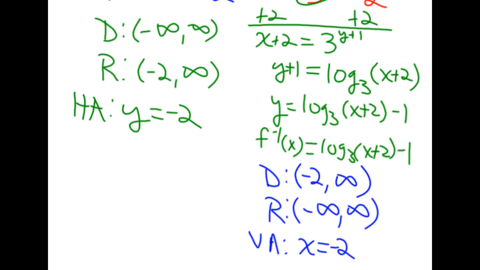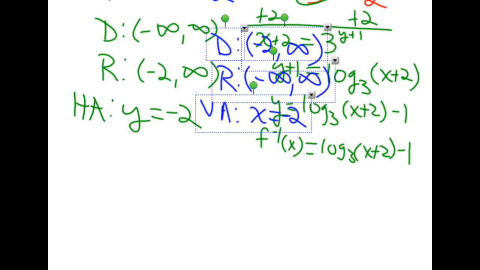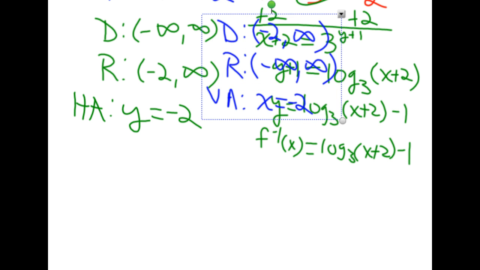Wait a minute. How do these numbers that I just got over here compare to these numbers over here? Isn't the domain and the range of the original just switching places with the domain and the range of my inverse, as we promised would happen? And look at the horizontal asymptote and the vertical asymptote.